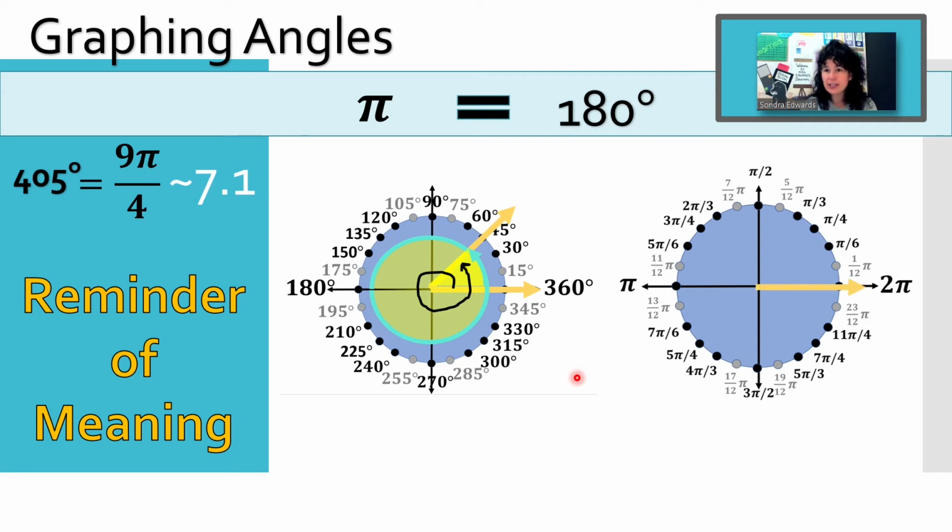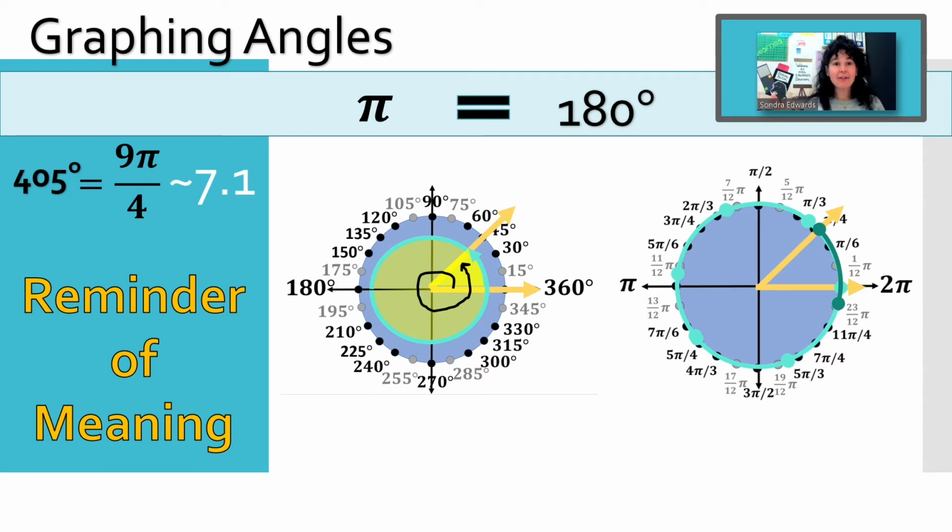So here's our initial side, going 1 radius, 2 radii, 3, 4, 5, 6 radii, we're almost a full circle, and then 1 more radius, and we stop right there. So the angle measure 9 pi over 4 stops right there. There's that terminal side, and it still would loop around 1 full circle and a little extra. So these two are equivalent.